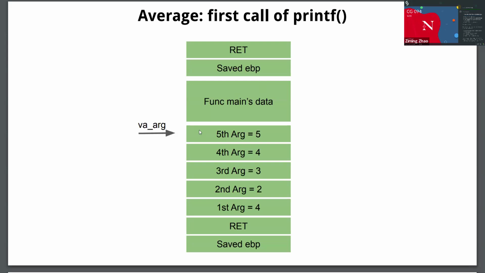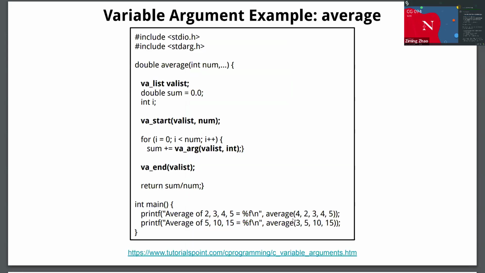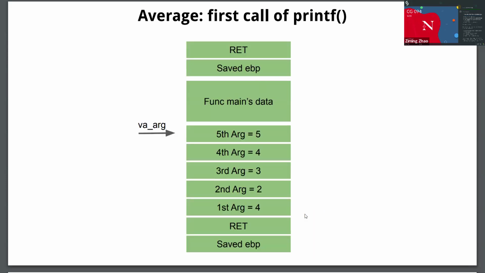Then there are five arguments. In 32-bit, we're pushing those five arguments to the stack, right? So we have the fifth, fourth, third, second, and first argument. Then we have the return address, we have the saved EBP, and this return address is somewhere in the main function, and this is the stack frame of the average function. So the va_arg will point to somewhere here.